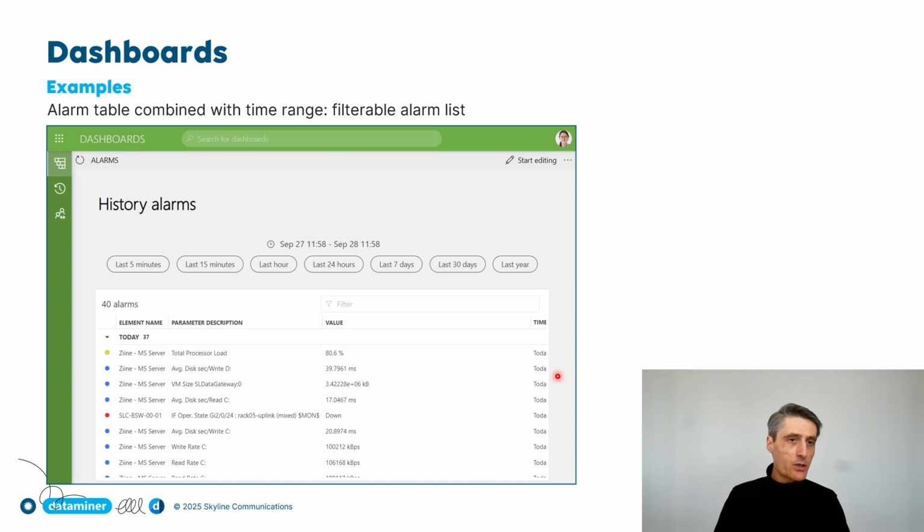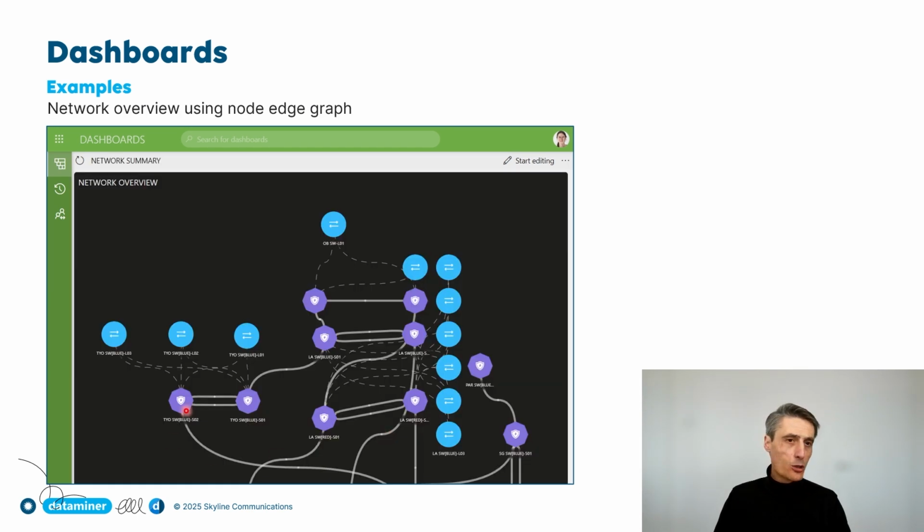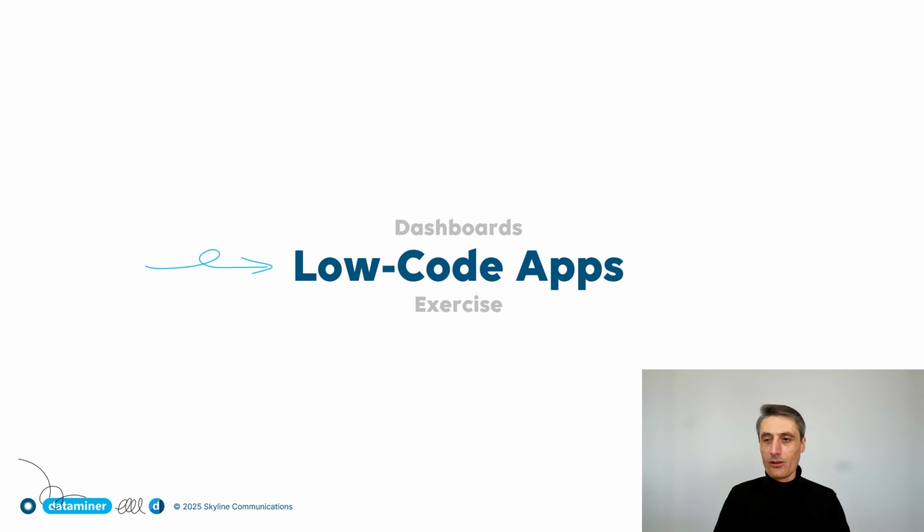Also alarms are possible to add in there with some time controls to show history alarms in this case. So that's also convenient. Also more special visualizations are available in the components, like this one, a node edge graph that is being used for a network overview here. So lots of examples that are available.